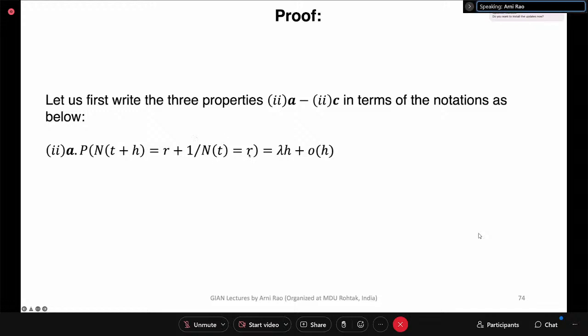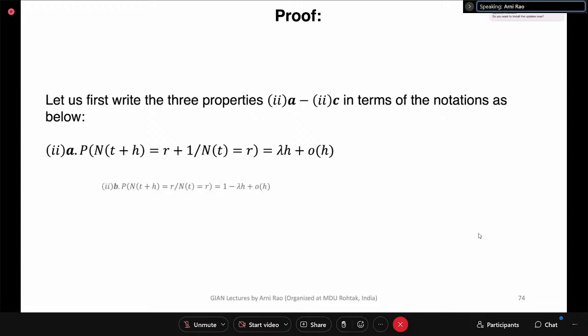So the state is moving from R to R plus 1 in the time interval T to T plus H. In that interval, one event occurred, so its probability is lambda H plus order of H. That's what we saw in the previous slides, just the same thing in terms of notation.